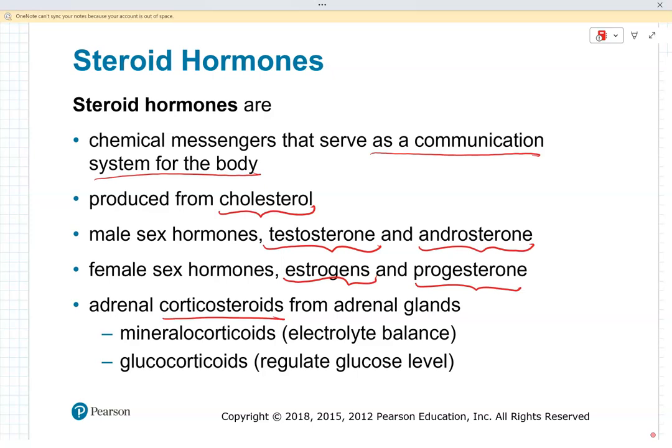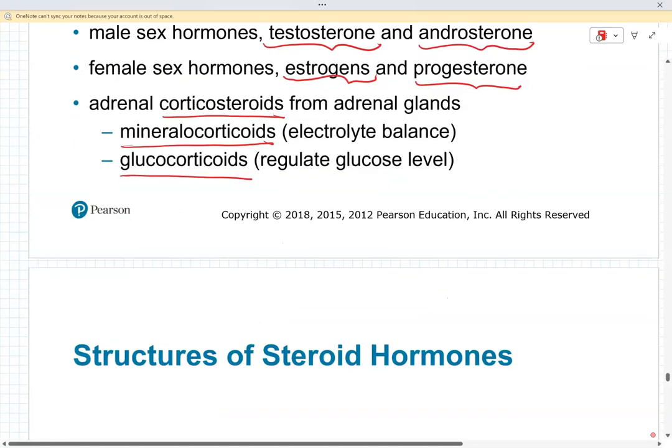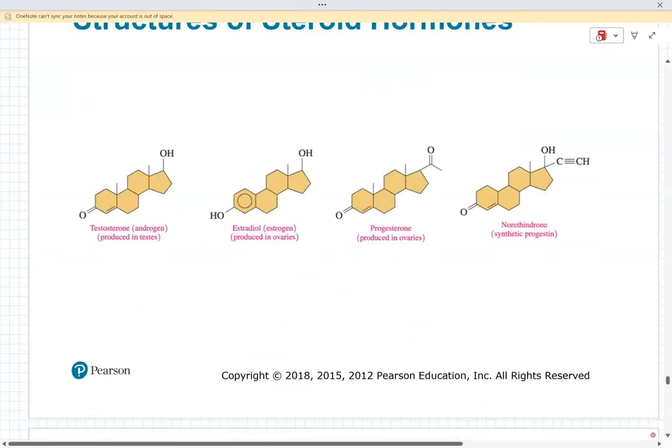The adrenal gland is right on top of your kidneys. So there are mineralocorticoids, basically aldosterone that regulates the water and sodium balance, and glucocorticoids, which are the hormones of the stress response. They essentially increase your blood glucose. Okay? So these are some examples of steroid hormones.